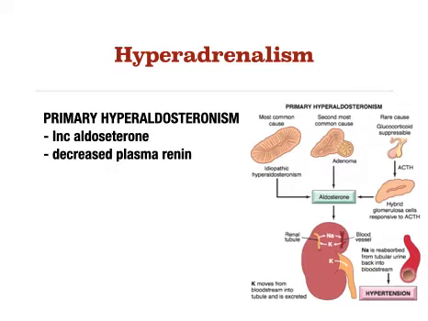Now we move on to another type of hyperadrenalism, this time involving excess aldosterone secretion. We call this hyperaldosteronism. It can be primary or secondary to an extra-adrenal cause.